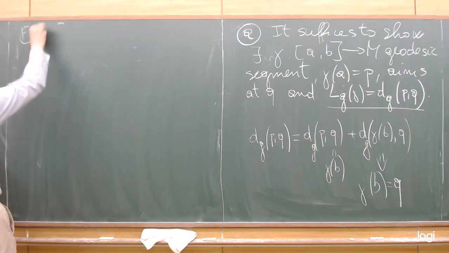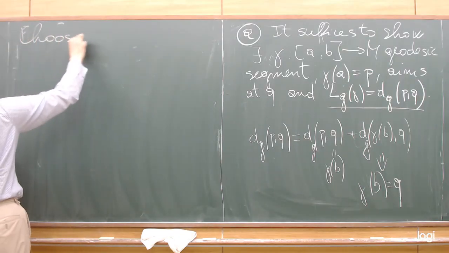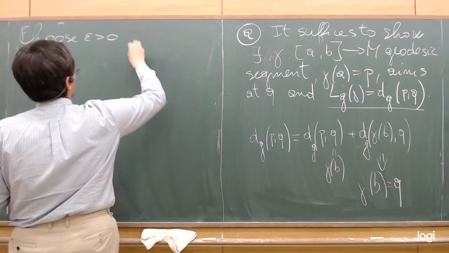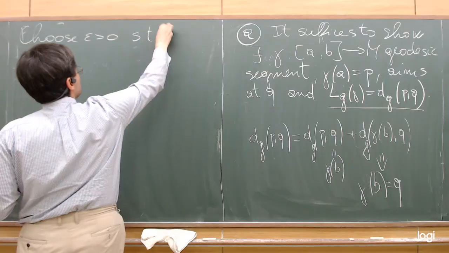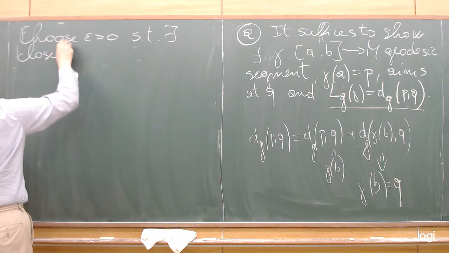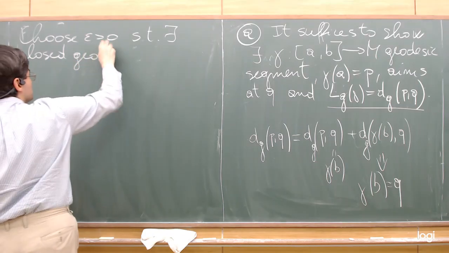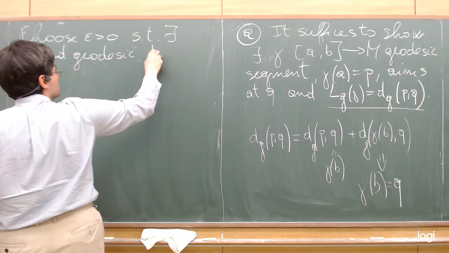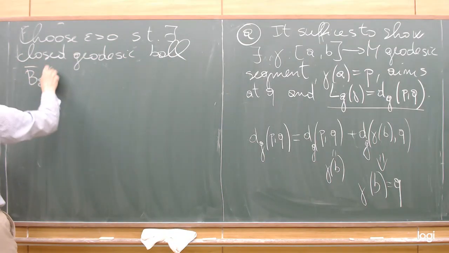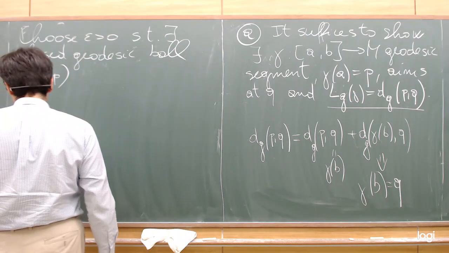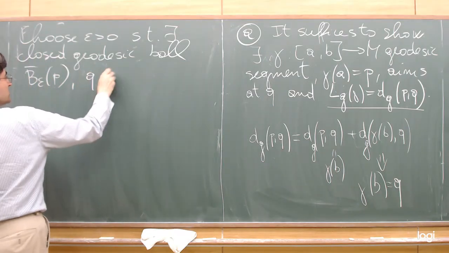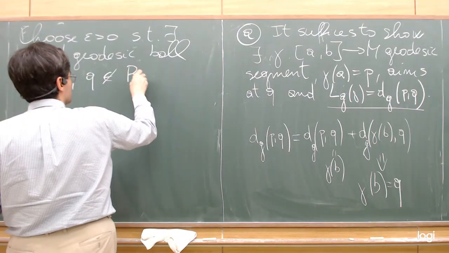Okay, choose epsilon positive such that there exists a closed geodesic ball centered at P such that Q does not belong to this ball.